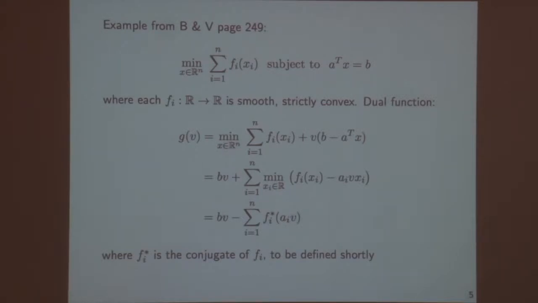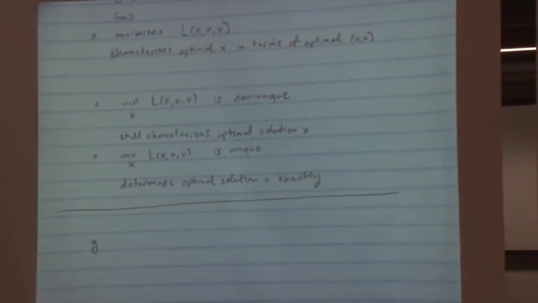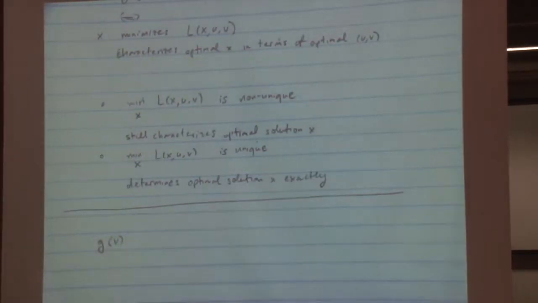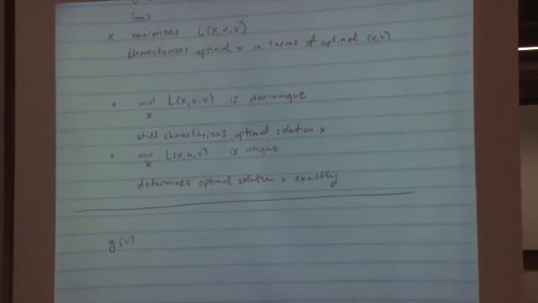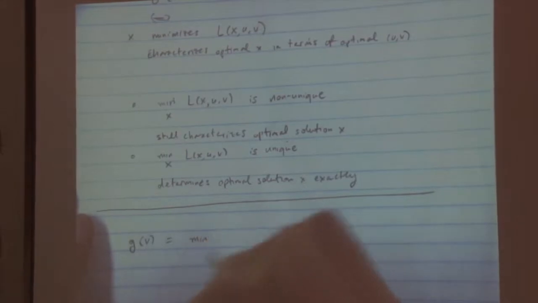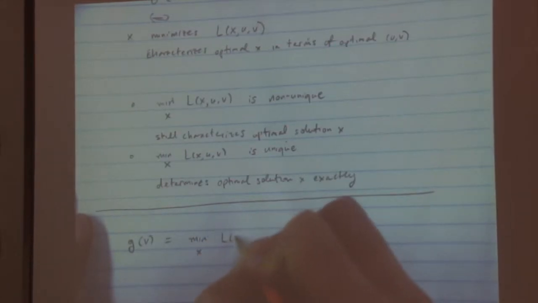So remember, the dual function is first of all a function of only one variable here. It's very nice because I have one constraint. So the dual is going to be a one-dimensional minimization problem, and it's given by minimizing the Lagrangian over all x.